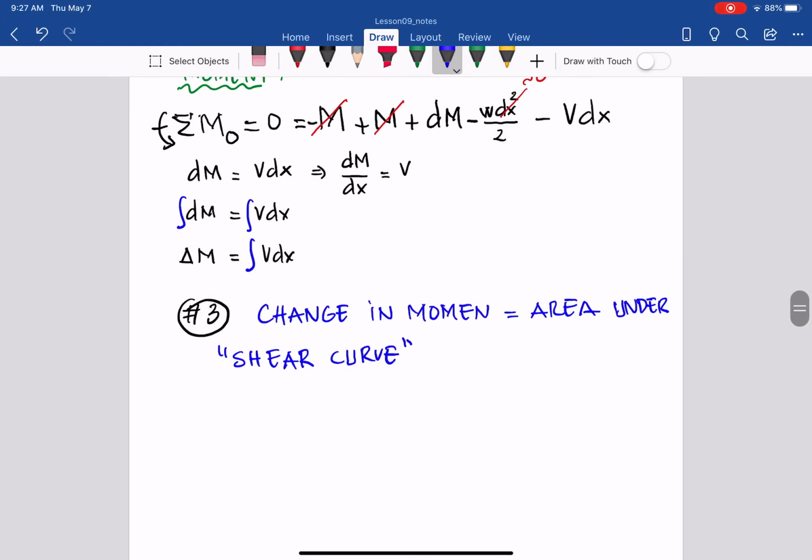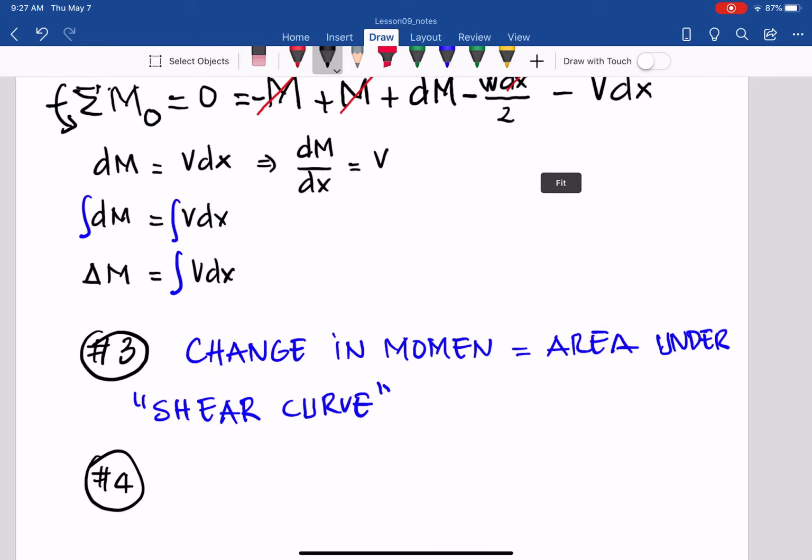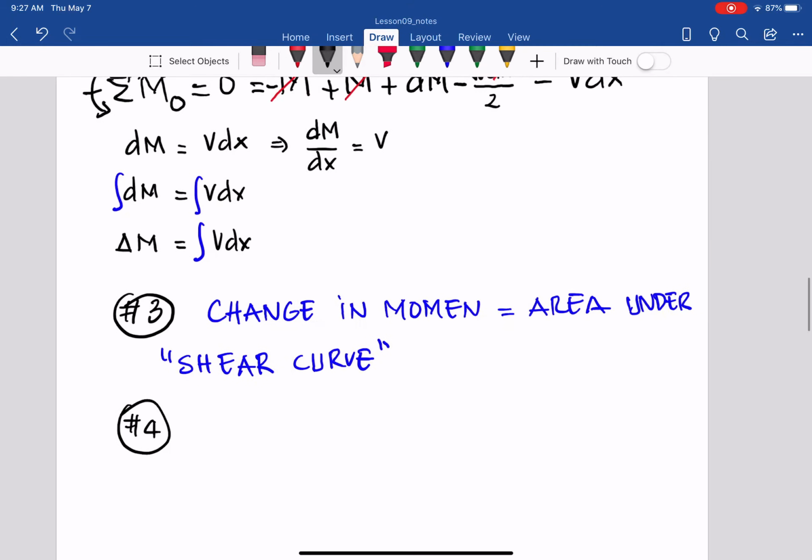And then number 4 that we have: dM over dx equal to V. Actually, that is the slope of the moment diagram.